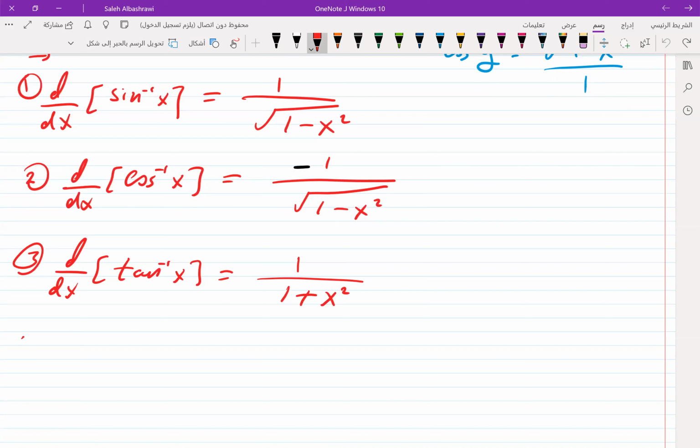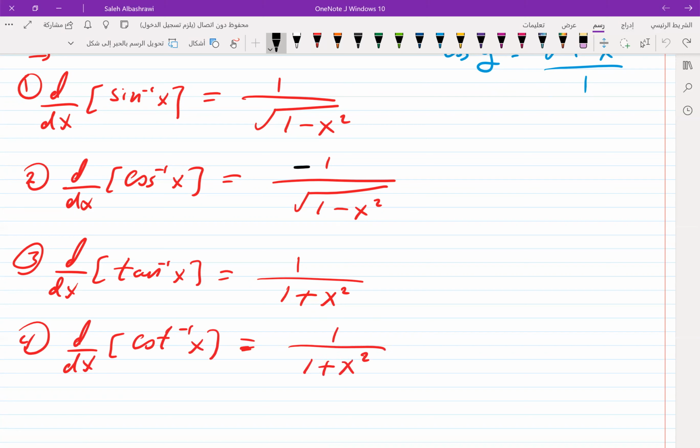For the cotangent inverse, again it is the same, 1 over 1 plus x squared, but with a negative sign. It is minus 1 over 1 plus x squared.